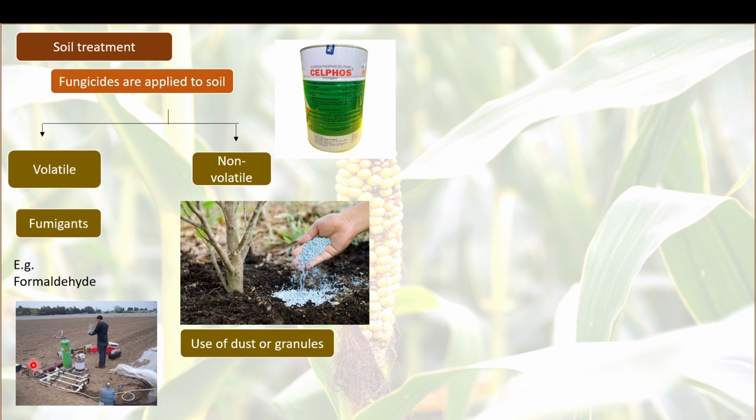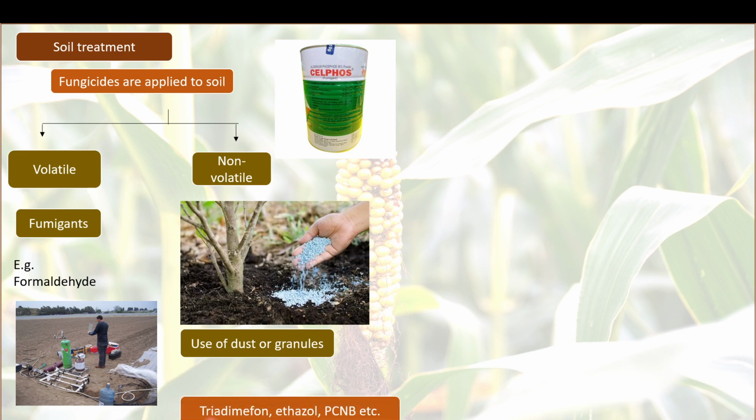For example, your land is very big, you insert pipelines into your land, right? And you allow that gas or liquid to pass through your soil from one corner to another, and the gas will be diffused in your soil completely, and whatever organisms are present in your soil will be suffocated, and these infectious organisms will be removed.